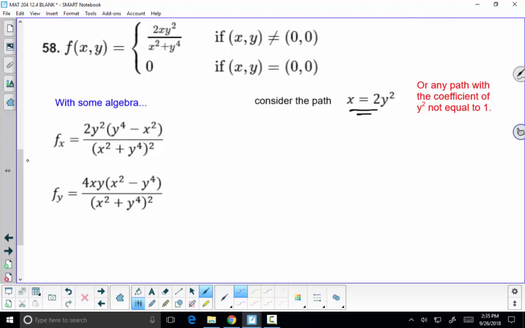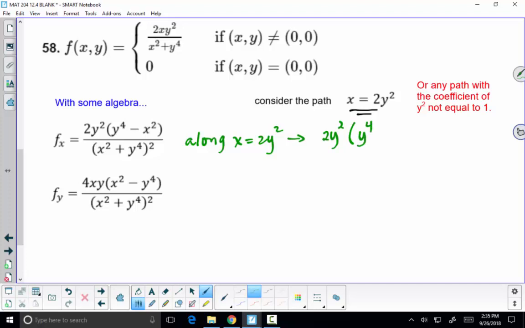If you want to, you can check your partial derivative skill set by taking the derivative of this with respect to x and y. I just did it there so we can analyze without going through the rigmarole of finding those partials. So let's plug in x equals 2y squared. We're going to have 2y squared times y to the 4th. Now let's replace that.